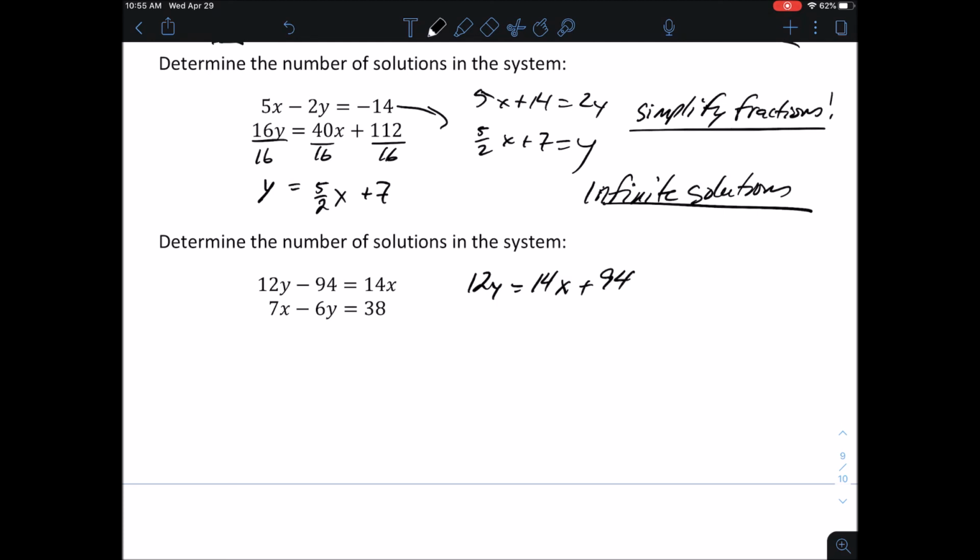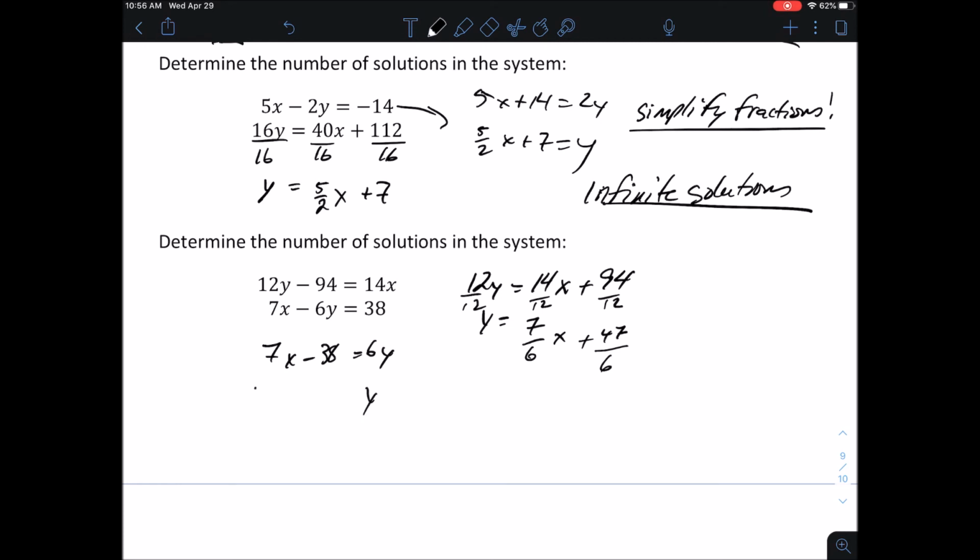All right, and down here, I'm going to rearrange this one. 12y is 14x plus 94 when I switch it to the other side. So divide everything by 12. And I'm going to get 7 over 6x plus 47 over 6.